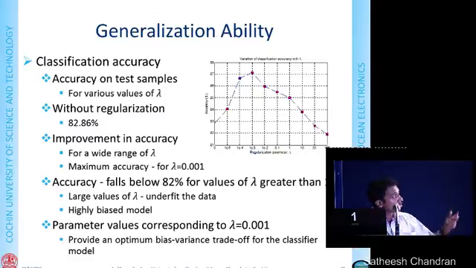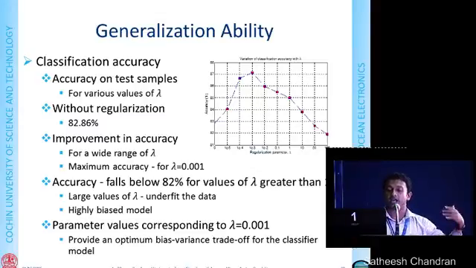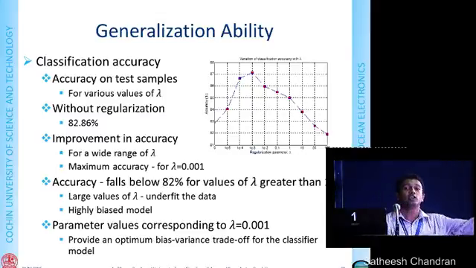The maximum accuracy has been obtained for lambda equal to 0.001, and the accuracy falls below 82% for values of lambda greater than 100 because it results in underfitting of the data, thereby again losing the generalization capability, resulting in a highly biased model. Therefore, the theta values corresponding to lambda equal to 0.001 provide an optimum bias-variance trade-off for the classifier model.